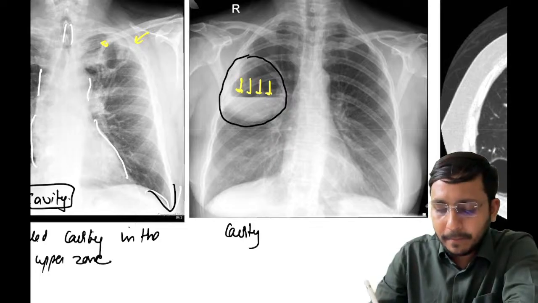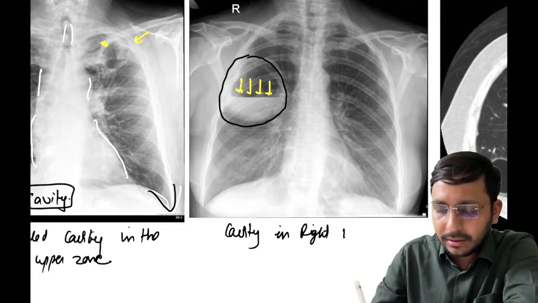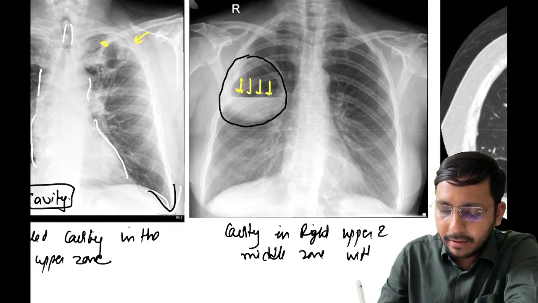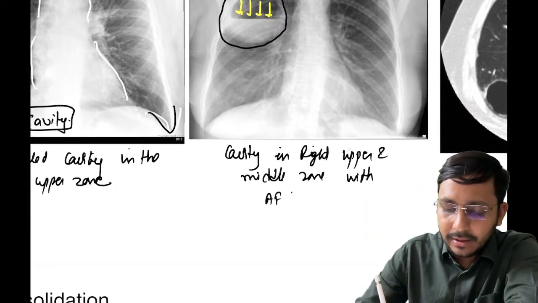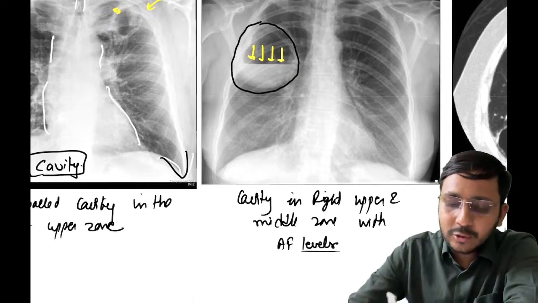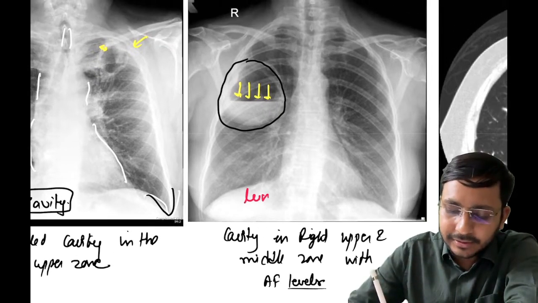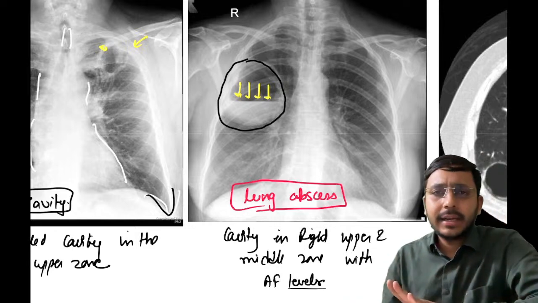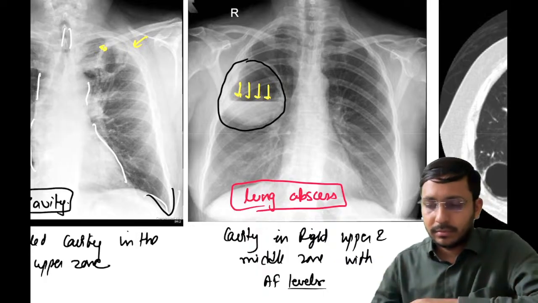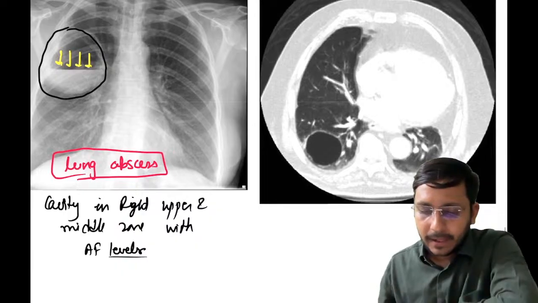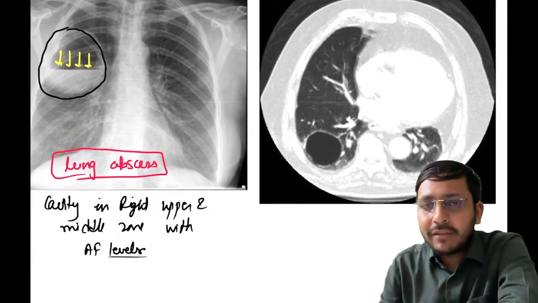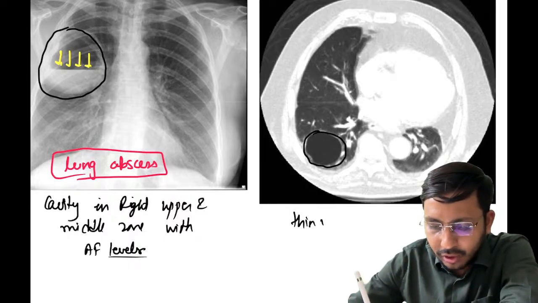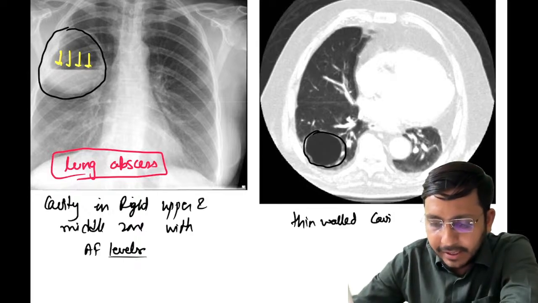Cavity in right upper and middle zone with air fluid levels, and this is what is typical of a lung abscess. अगर एयर फ्लूइड लेवल मिल रहा है कैविटी में तो आपको लंग एब्सेस बोलना है. अगर केवल एयर दिख रही है तो कैविटी बोलनी है. राइट? एंड अगेन दिस इज अ एयर फ्लूइड लेवल नहीं है, सीटी स्कैन है, ये केवल एयर दिख रही है एंड थिन वॉल्ड है. तो दिस इज अ थिन वॉल्ड कैविटी.